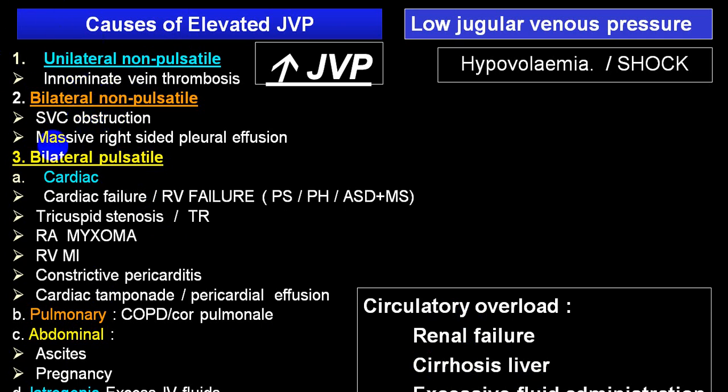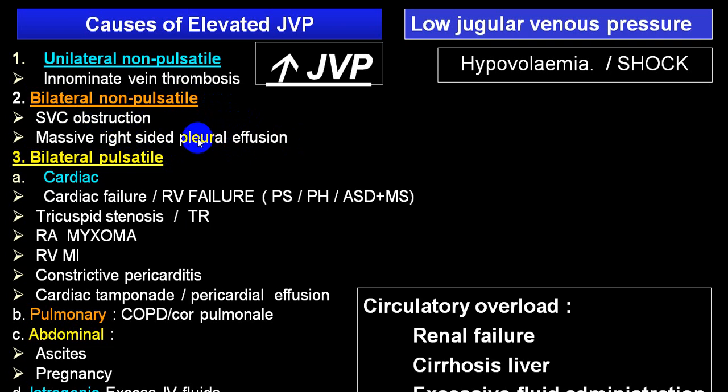Unilateral non-pulsatile will be in a case of an innominate vein thrombosis, and that will produce unilateral, and more commonly the left JVP will be elevated and non-pulsatile. If there is a massive right-sided pleural effusion, it may also lead to increased superior vena cava pressure, and that will produce bilateral non-pulsatile JVP.